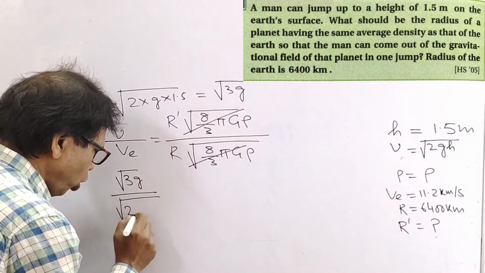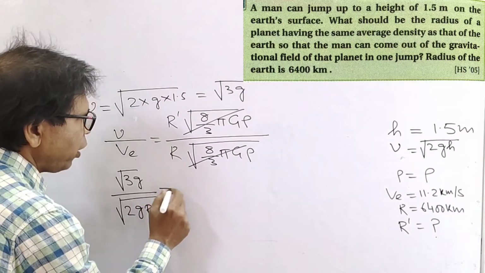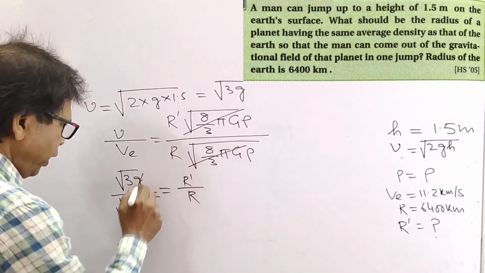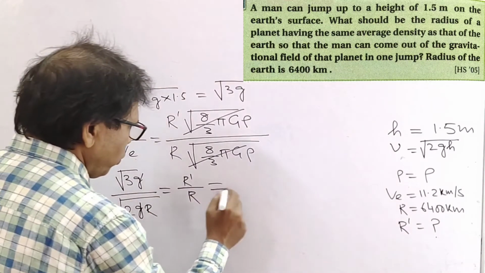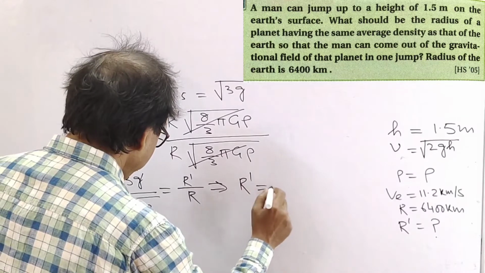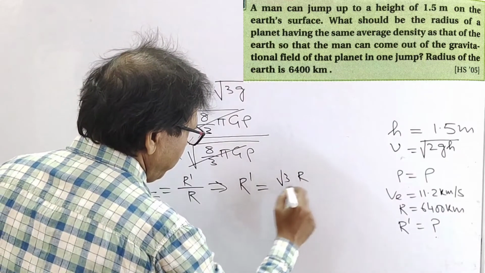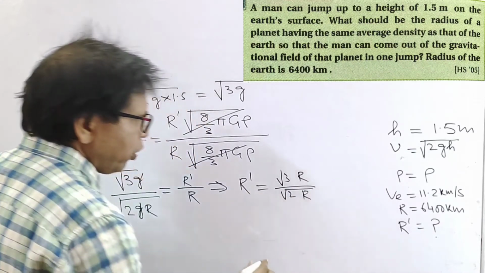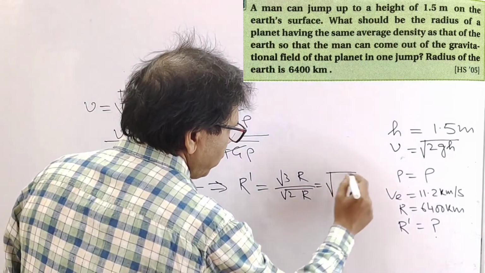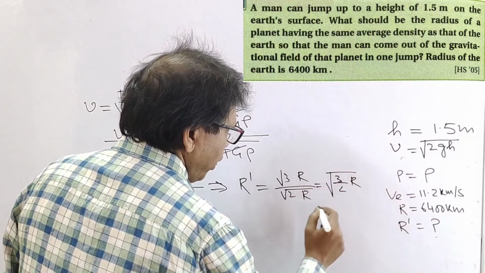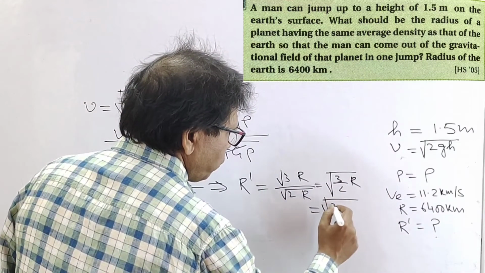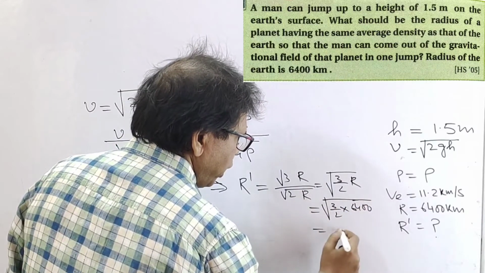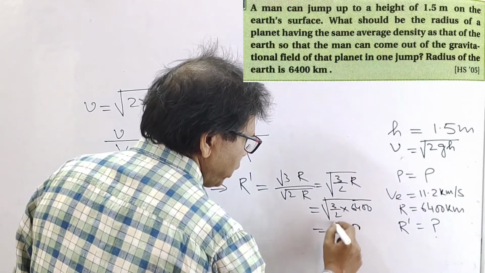Here ve equals root over 2g into radius of Earth, so this is r dash by r. Now g cancels out, therefore this is r dash into root 3 divided by root 2 r. Okay, so this is root under 3 by 2 into r, so this is root under 3 by 2 into 6400 kilometer, so this is 9600 kilometer.